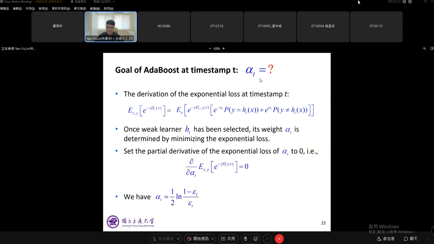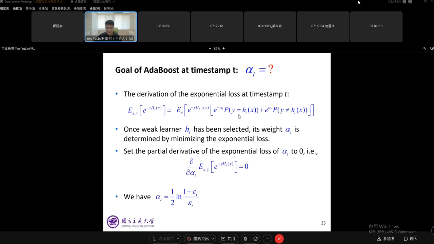So I specify the next part, alpha t. I also write down the exponential loss here, at the top of this slide. Once the weak learner has been selected, we know the probability of data being correctly predicted and the probability of data being wrongly predicted.